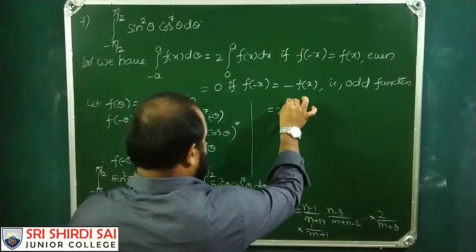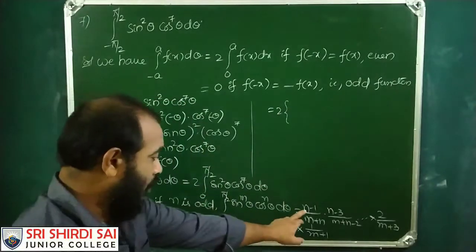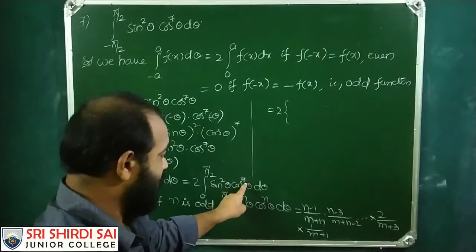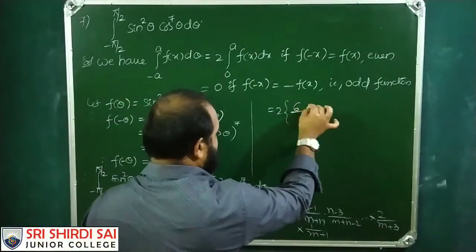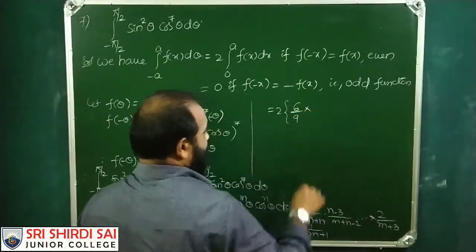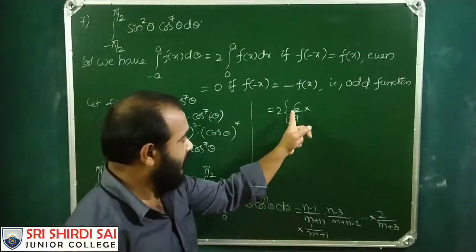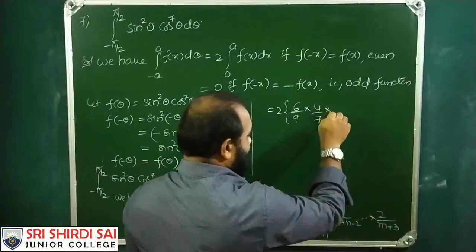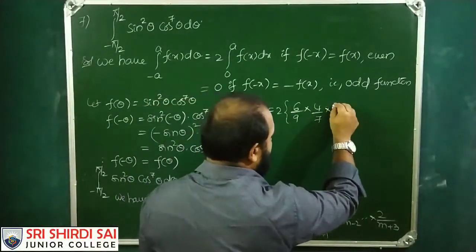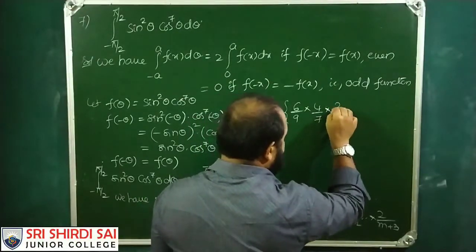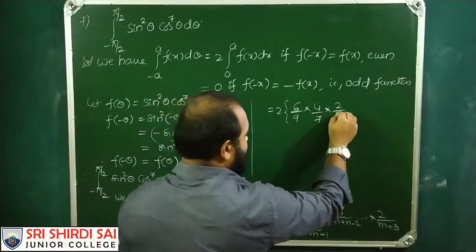2 is as usual. So now apply this formula. n is 7 here. 7 minus 1 is 6 by m plus n, 2 plus 7, 9. Further reduction is possible or not? Yes. So 4 by 7. Further reduction possible. So this is 2 by how much? 5.